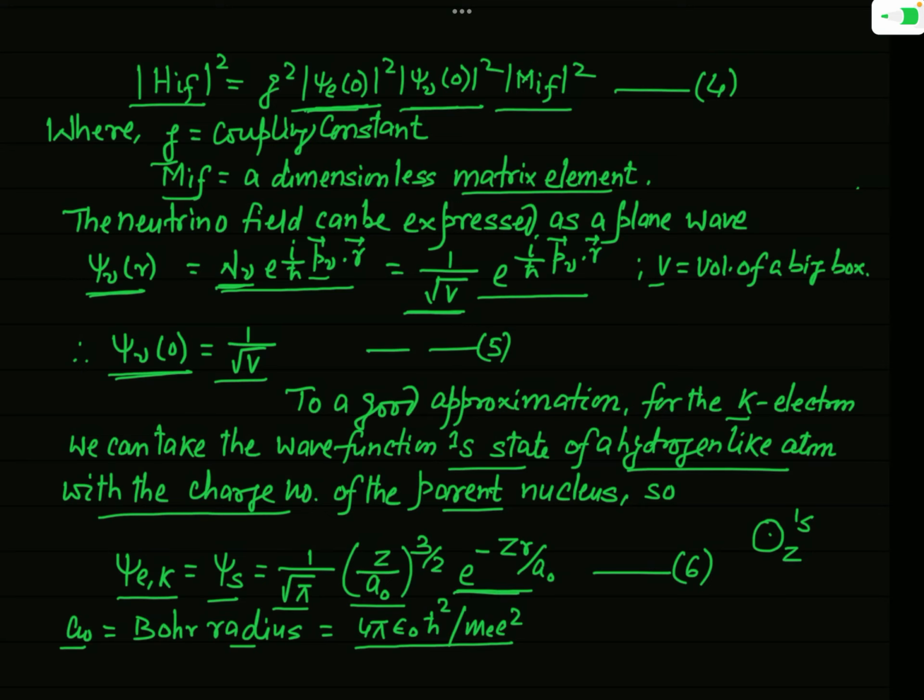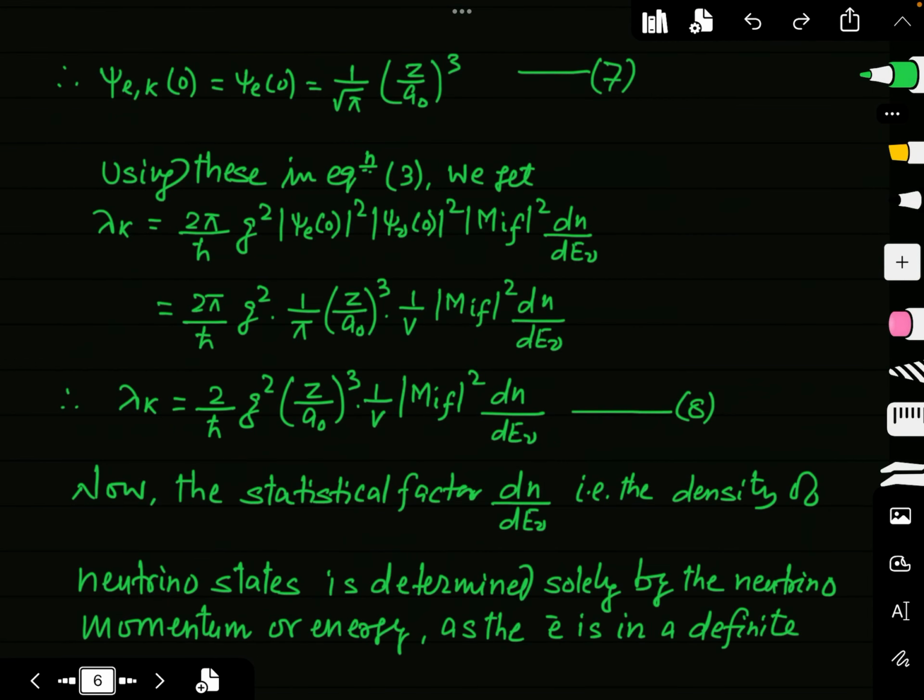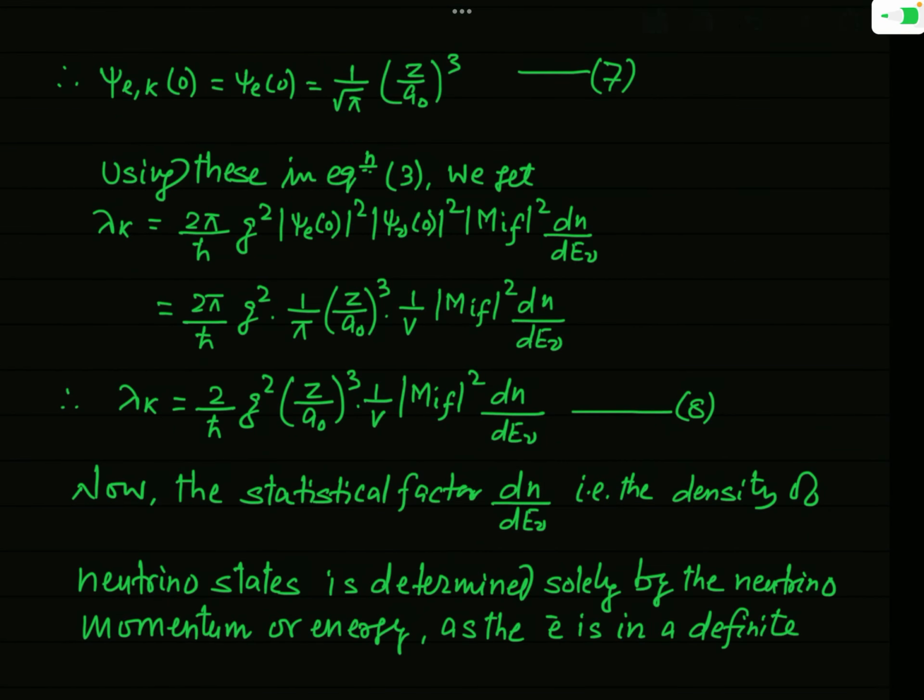So psi e of 0 will be simply equal to 1 over root pi times z over a naught whole to the power 3 by 2. So I have mentioned here that psi e K of 0, that is psi e of 0, is simply equal to 1 over root pi z over a naught whole to the power 3 by 2.